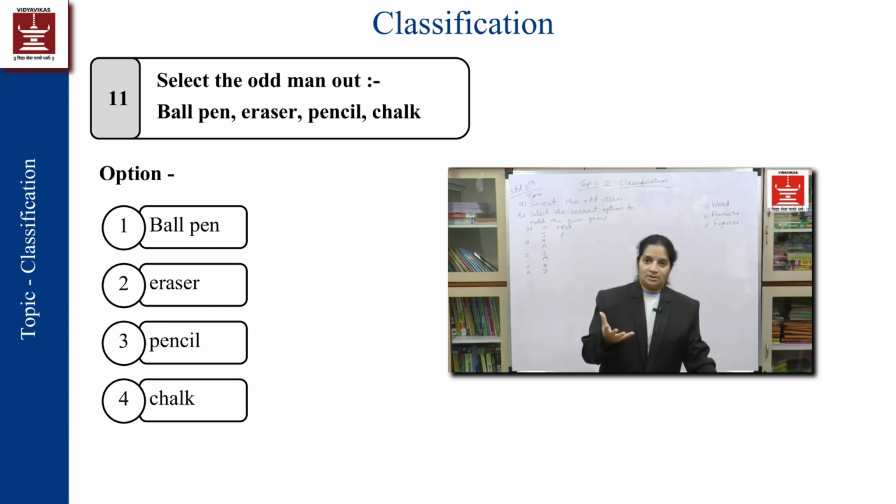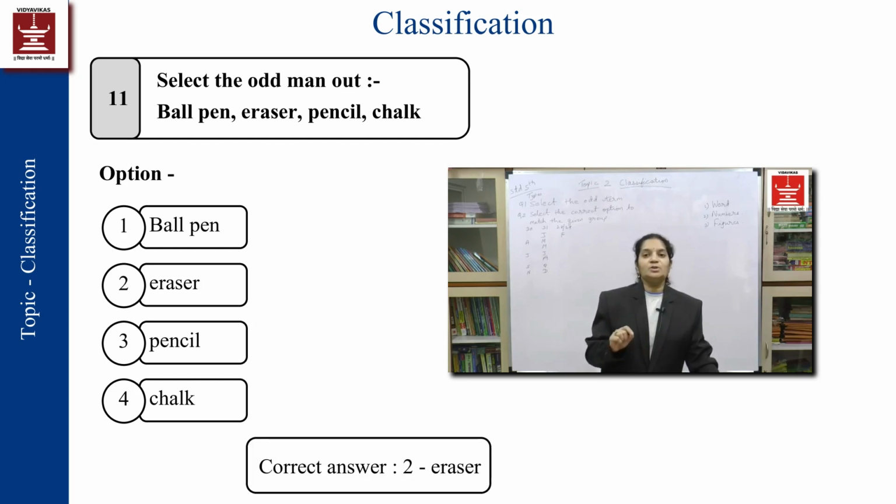You need to find out what is the criteria which is common in them. Ball pen, pencil and chalk: these three are the ones which are used for writing purposes. Maybe what they are writing on is not considered over here. Somewhere paper is used, somewhere blackboard is used, but they are used as writing material. Whereas eraser is the one which is going to rub out what you have written. So there is one similarity between the other three, and eraser is going to be the odd one.